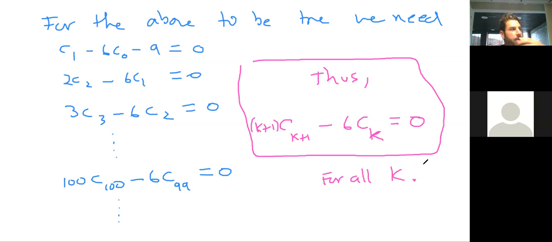And the beautiful thing about how this sequence is defined is it's defined recursively. If you know c sub 0, you can get c sub 1. And if you know c sub 1, you can get c sub 2. Which means we can compute any one of these numbers c sub k that we want. Does anybody have a question about this so far?